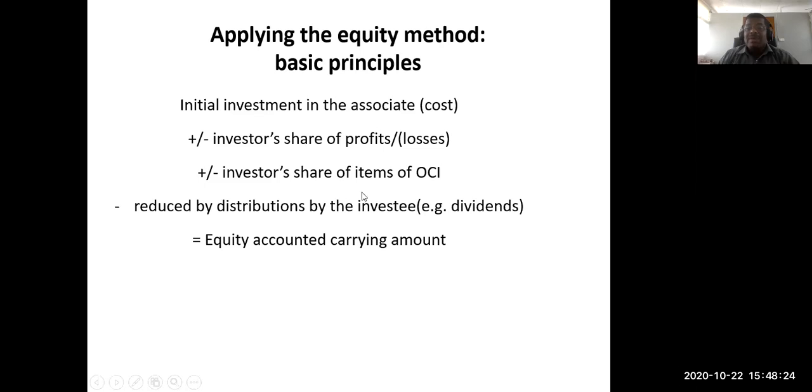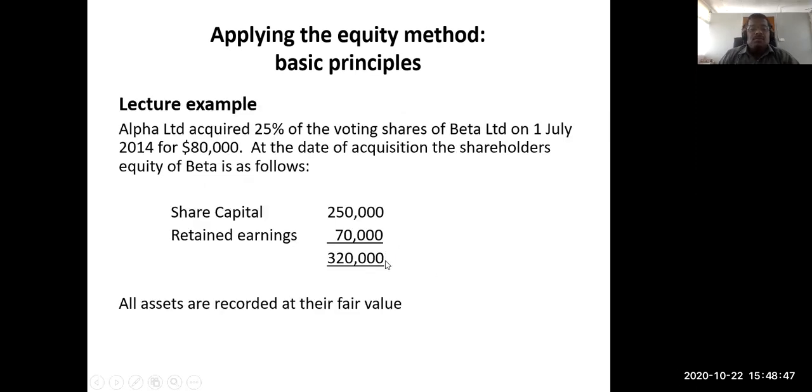Here it is similar, but the difference is that profit and loss and OCI are two components. You get one segment from profit and loss and another from OCI, so you add both. If it is a loss, of course you deduct, and dividends you have to reduce, then you get the equity accounted carrying amount.